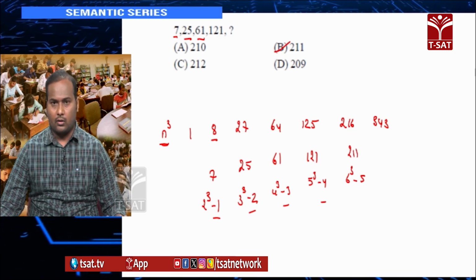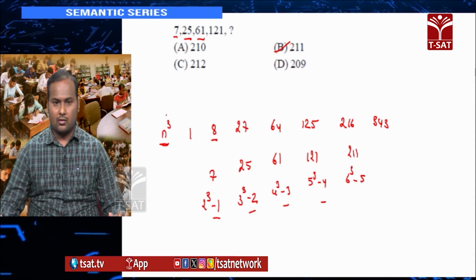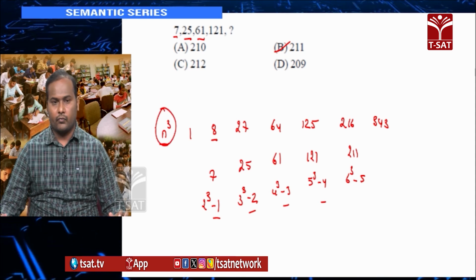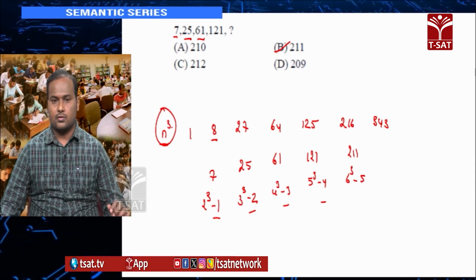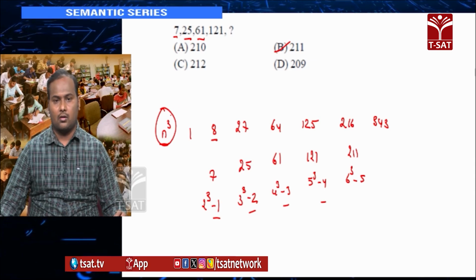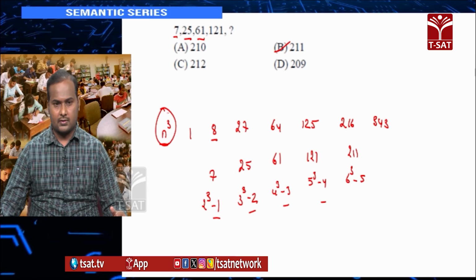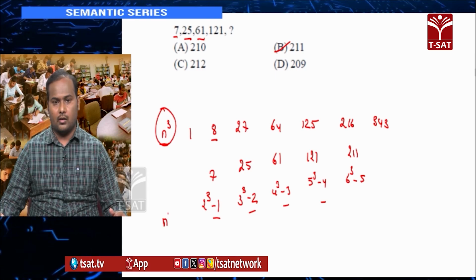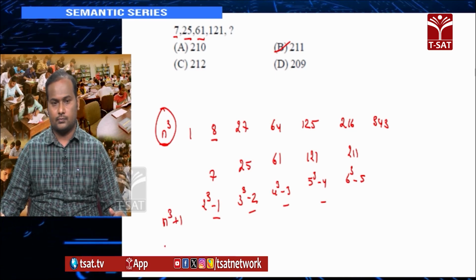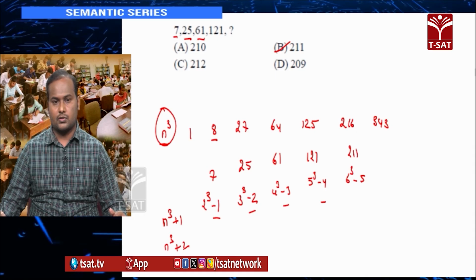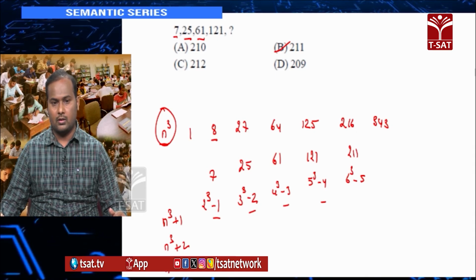So, what you need to remember here is that the format of n cube is very important. In the format of n cube, you also have to remember all the values near to n cube as well. For example, n cube plus 1, n cube plus 2 and n cube plus 3.